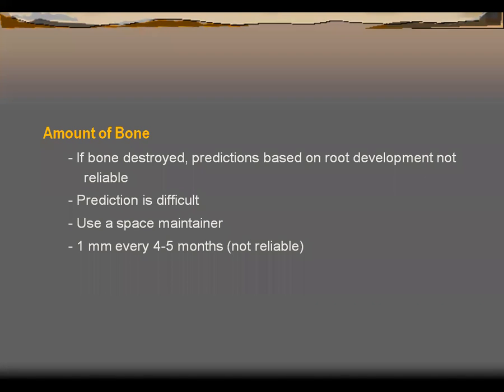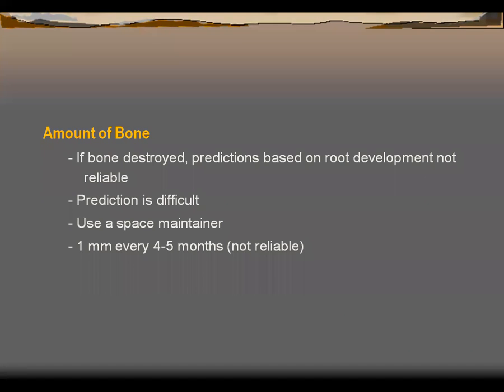In that case, if bone is destroyed, a prediction based on root development is not reliable. So the tooth can erupt early also. So that should be taken into consideration. For that you require a good IOPA X-ray before planning or giving any space maintainer.